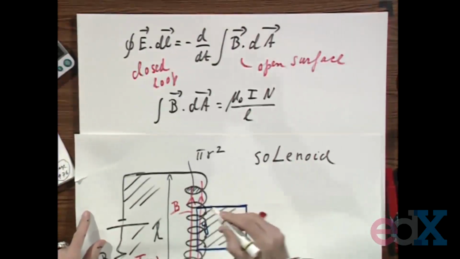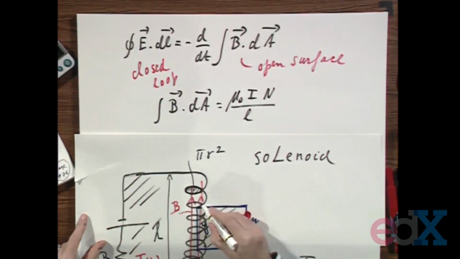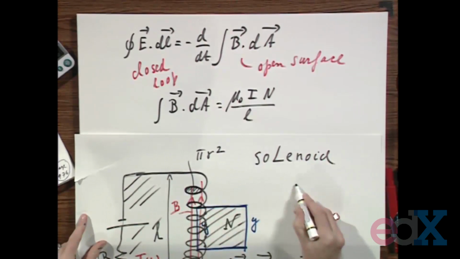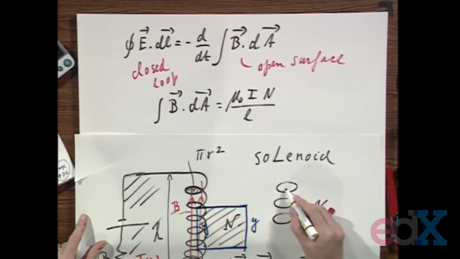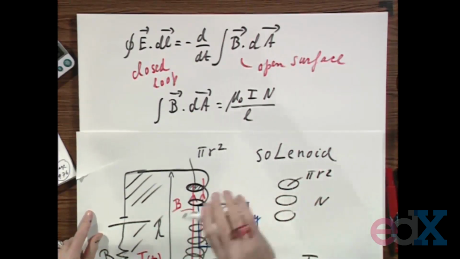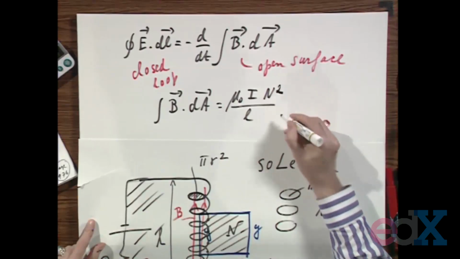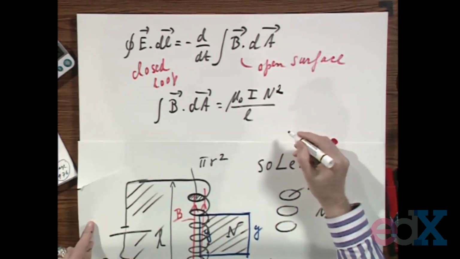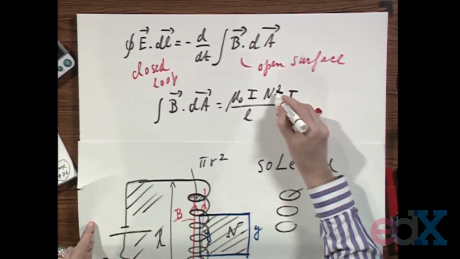But now I have to multiply it by the cross-sectional area of each one of those loops, and in a somewhat simplified way I am thinking of it as having n of these circular loops, which of course is not exactly accurate, but it's a very good approximation for this staircase type surface that moves up. So now I must multiply it by n, so I get an n squared here.